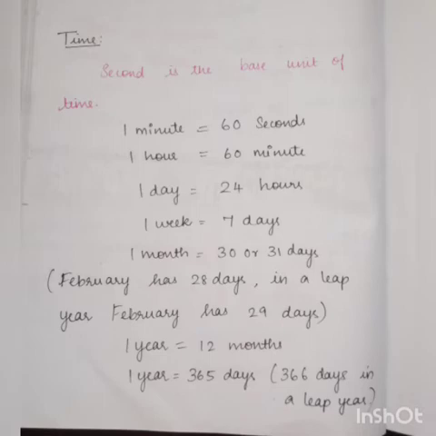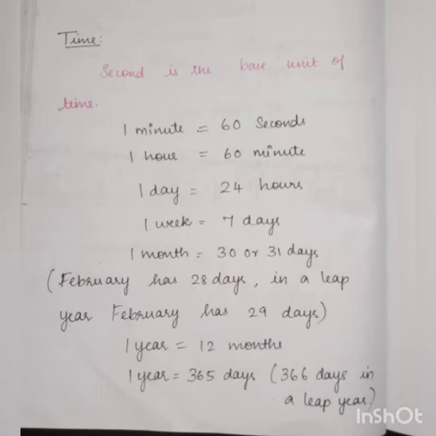Next topic is the most important topic in our daily life, which is time. Our second is the basic unit in time. So there are certain key points which you should always remember. 1 minute equal to 60 seconds. Then 1 hour equal to 60 minutes. 1 day equal to 24 hours. 1 week equal to 7 days. 1 month equal to 30 or 31 days, because a few months will have 30 days, a few months will have 31 days.